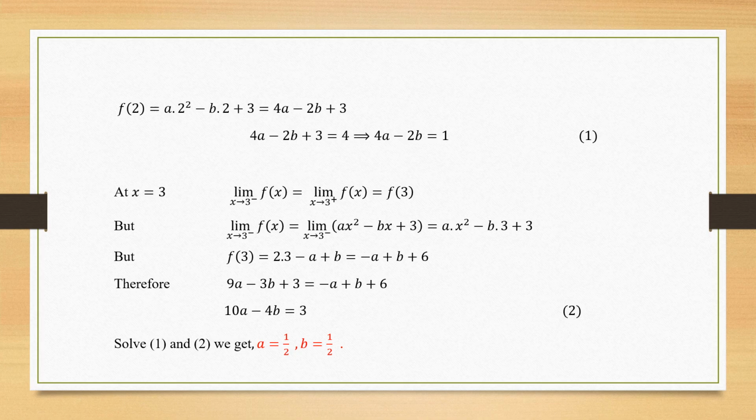That is your left limit and your right limit coincides. Why does it coincide? Because it is given in the problem that they are continuous functions, and continuous means it will be continuous at all those breaking points. Now equating, you have another equation, 10a minus 4b is equal to 3.